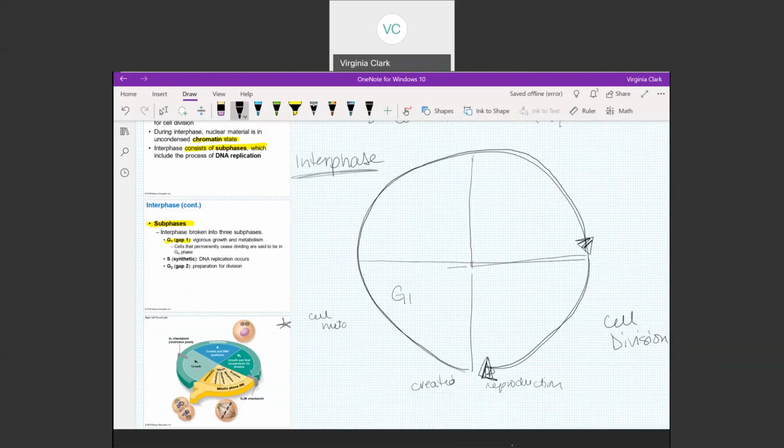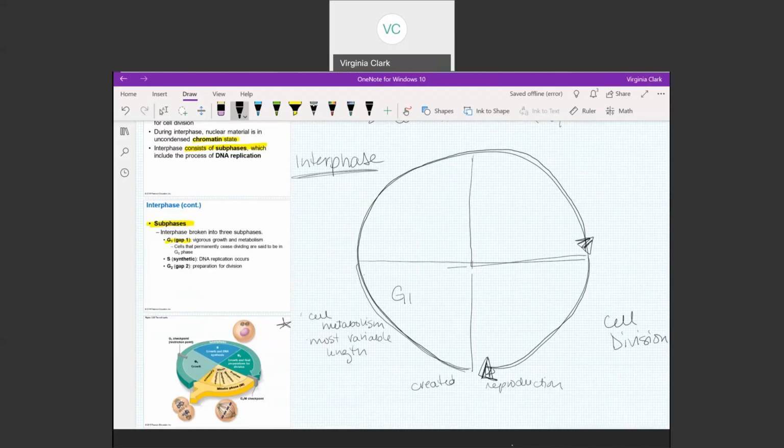Normal everyday life is happening for this cell. It is not mitotically active. It is synthesizing proteins. This guy can be this length of time, or he could be this whole half over here length of time. He's going to have the most variable time. He can be long or he can be short, but this is just normal everyday cell activities.